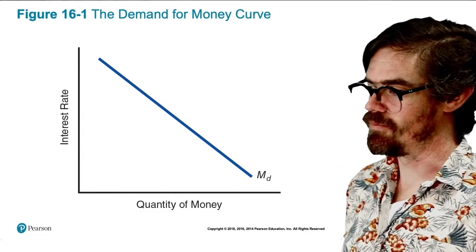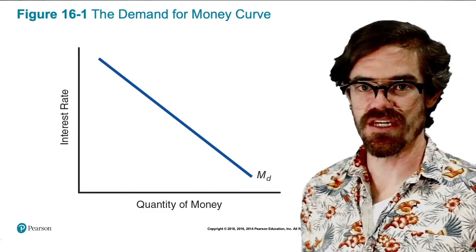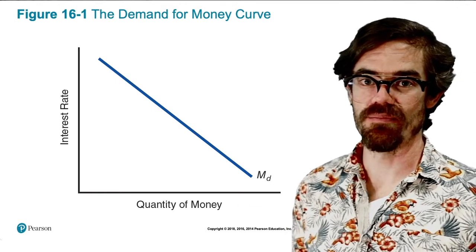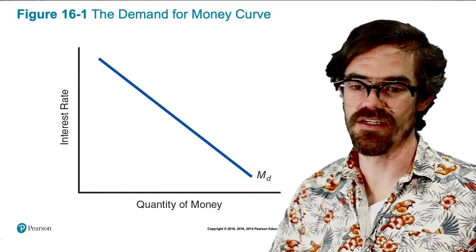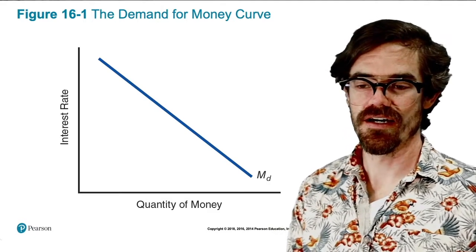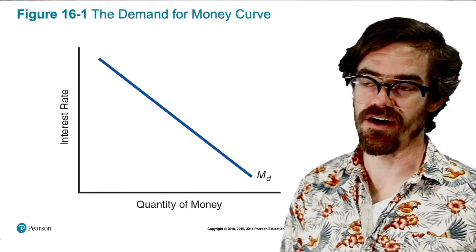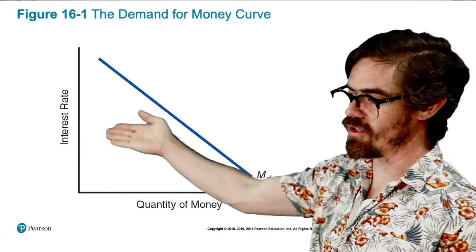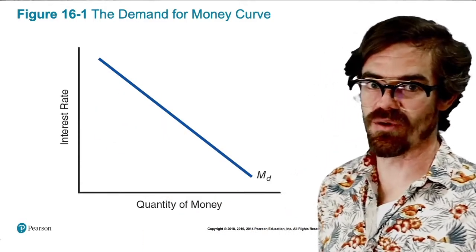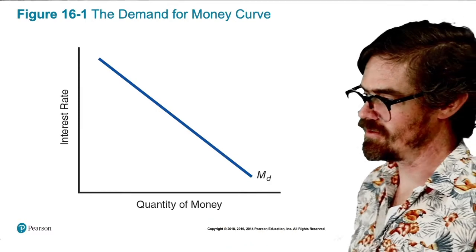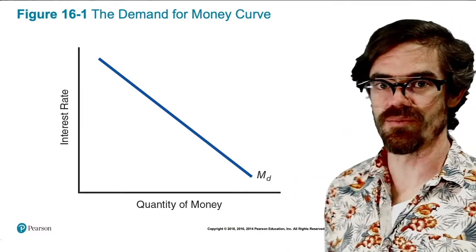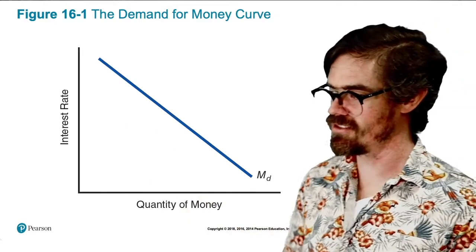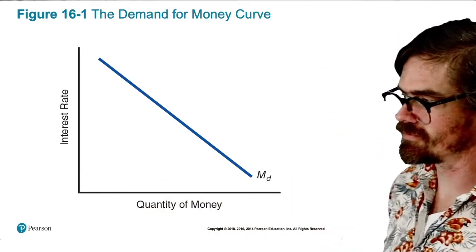If you put money into a savings account, a lot of times that pays interest, so you're being paid a price for providing your money to the bank in order for them to lend it out. Quantity is on the x-axis, so it's no different than any other demand curve we've seen: quantity and price, and it is downward sloping.